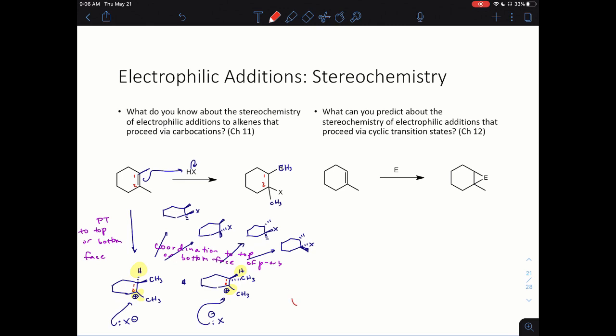The carbocation is reacting through its p orbital, and so you can have addition to the top face of the p orbital or to the bottom face. So when the halide attacks, it coordinates. That can happen to either face of the p orbital. So there's 4 possibilities then of what you'd end up with.